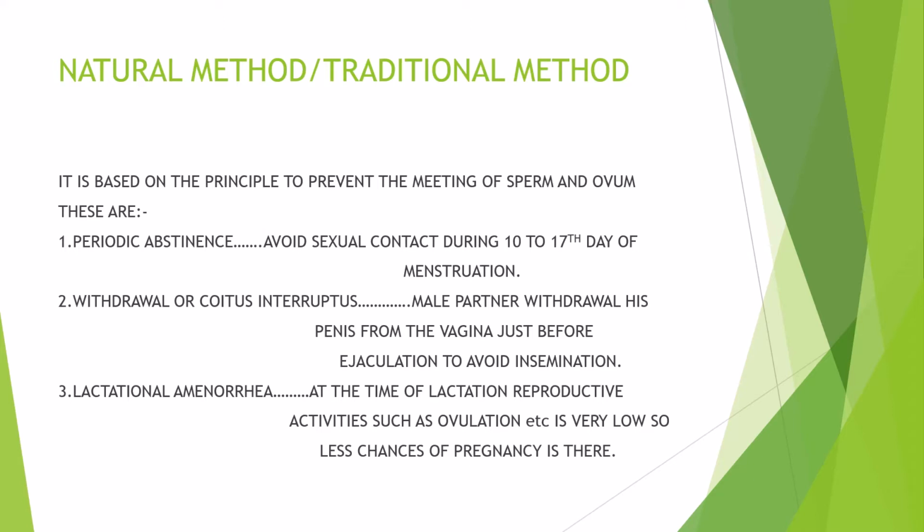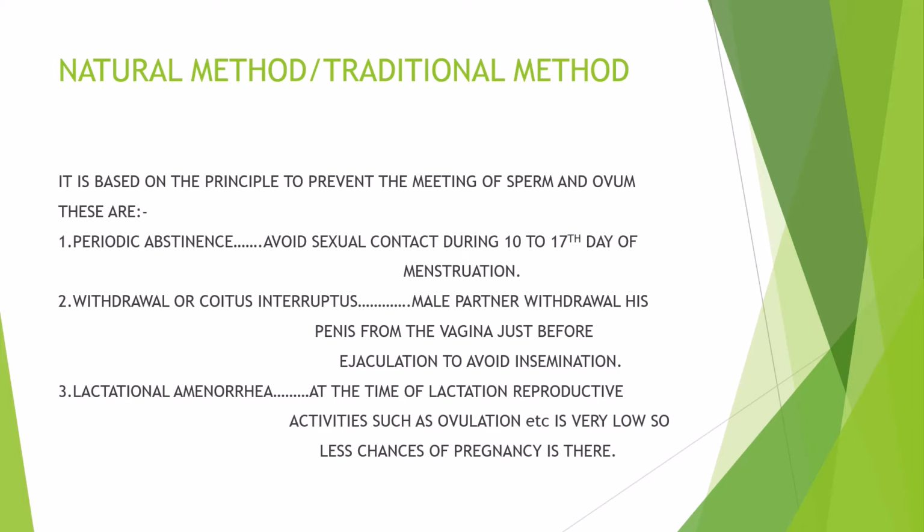The third method is lactational amenorrhea. It is based on the fact that during the lactation period after birth, the mother feeds her baby. That duration is called the lactational period.